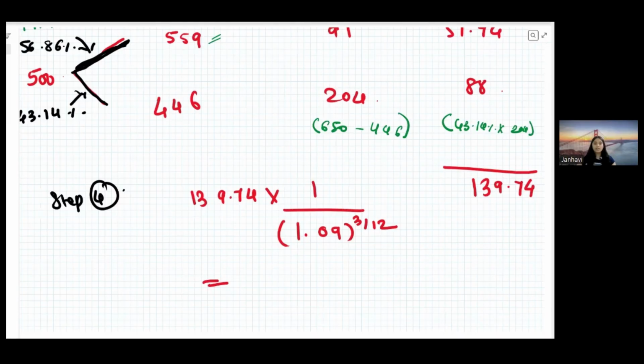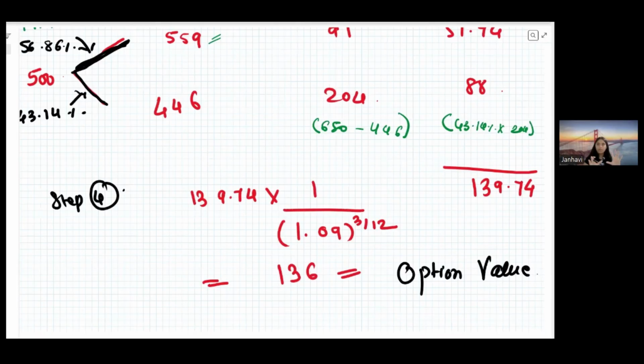This is giving us something as 136. Let's take a round off number, that is 136. Now this 136 is the value of that option. This is the option value, and to calculate this we have our binomial model. I hope you understood this.